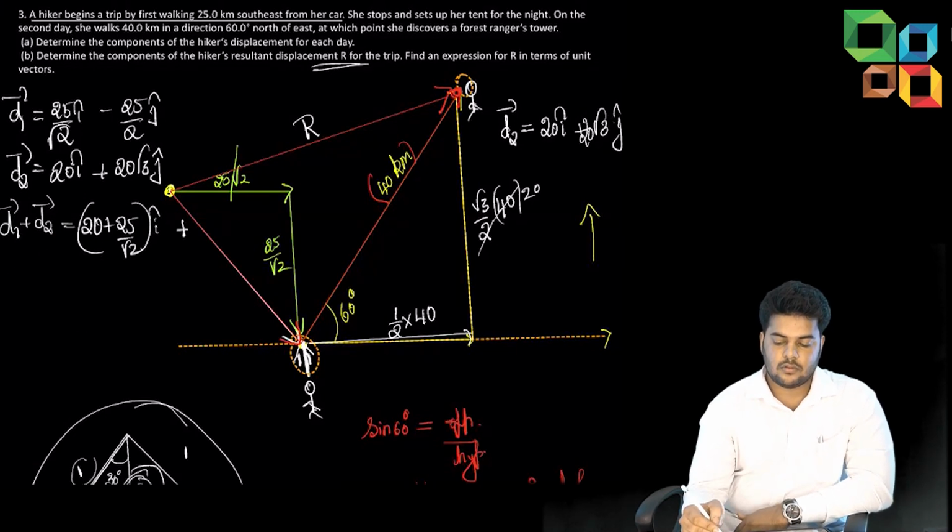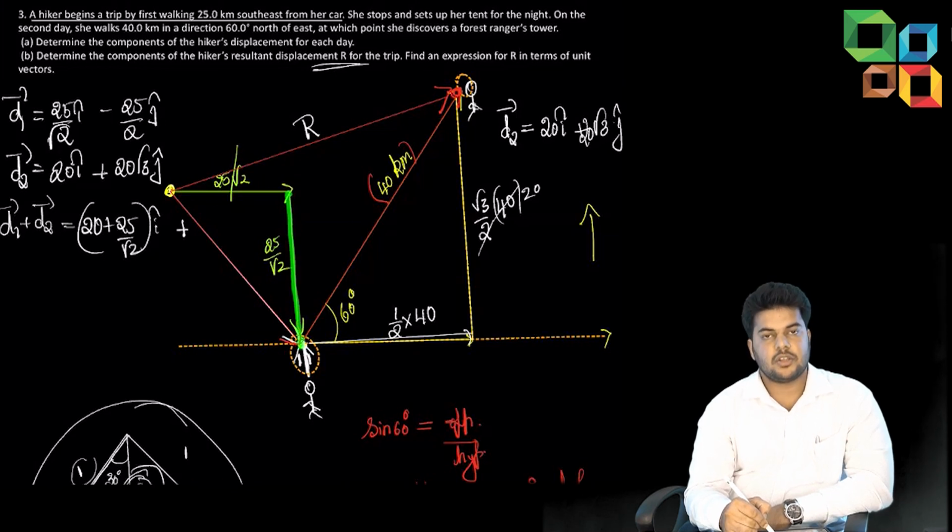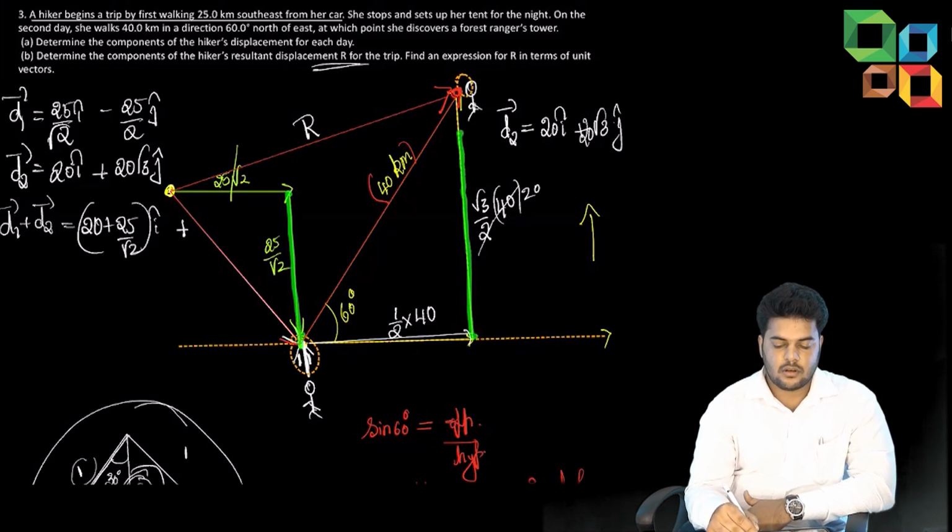Minus 25 by root 2 i cap plus 20 root 3 j cap. On the first day, she went southwards, how much? 25 by root 2. And on the next day, she went northwards, a total distance of how much? 20 root 3.